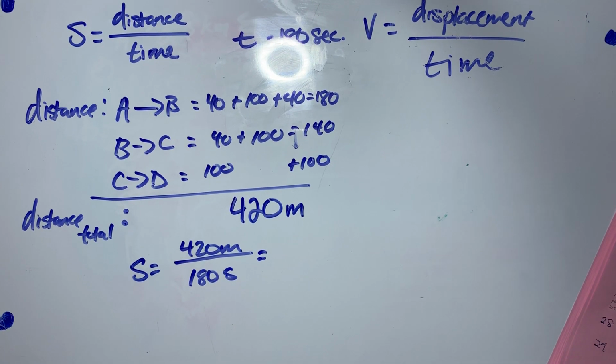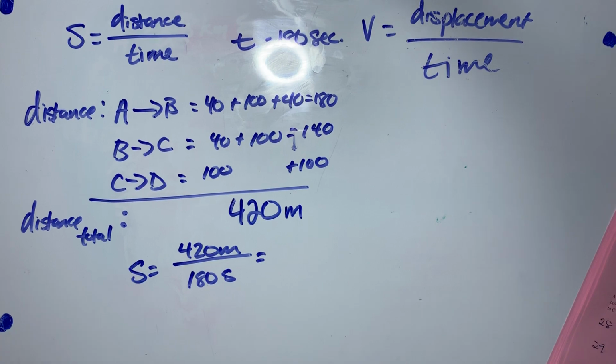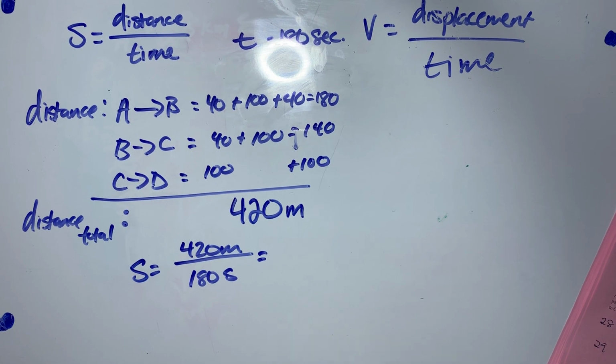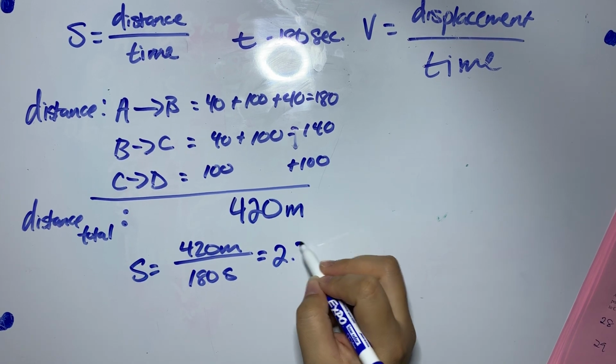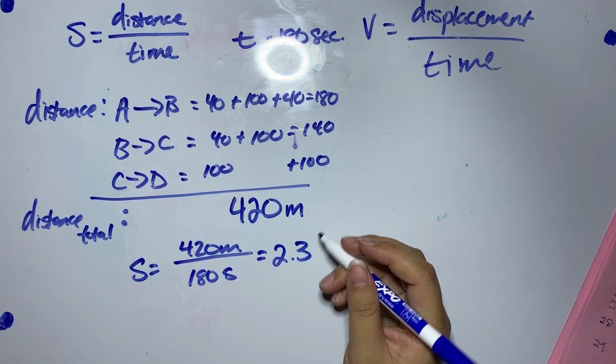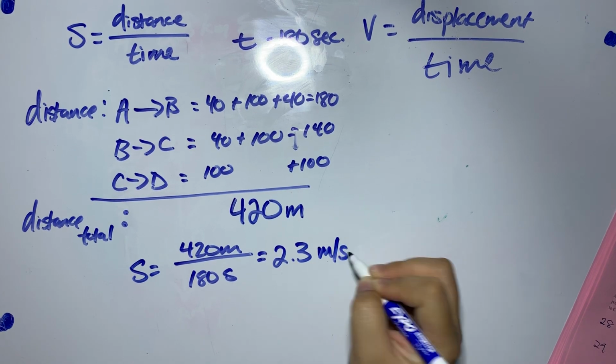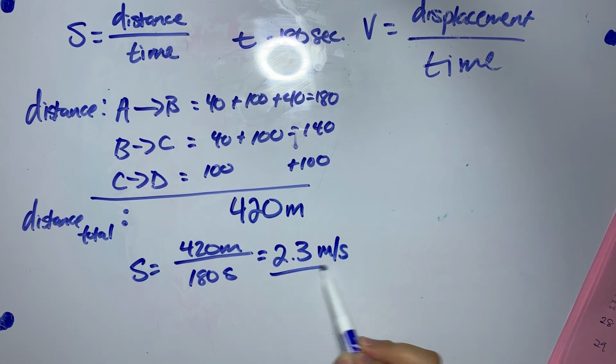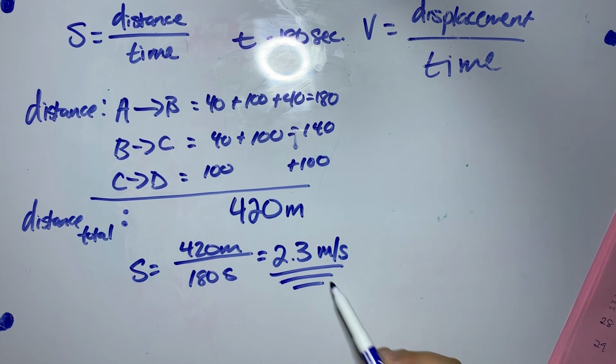So, calculator. 420 divided by 180, I get 2.3, and it's 333, but I'm just going to do 2.3 meters per second. Okay, don't forget to put your units. That's very important.